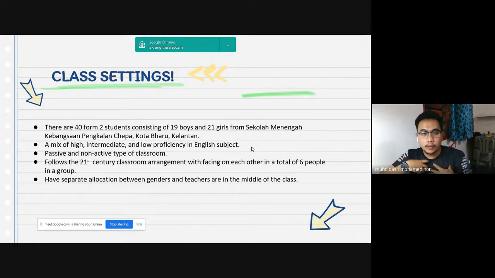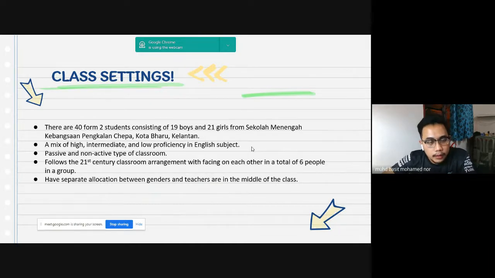We ourselves and the others who see us have the mindset that Kelantanese cannot perform in English. They always say that Kelantanese cannot be good in English subjects. So that's why I chose this school as my class, because I want to change that mentality in Kelantanese students, so that they also can succeed the same as others in different states.